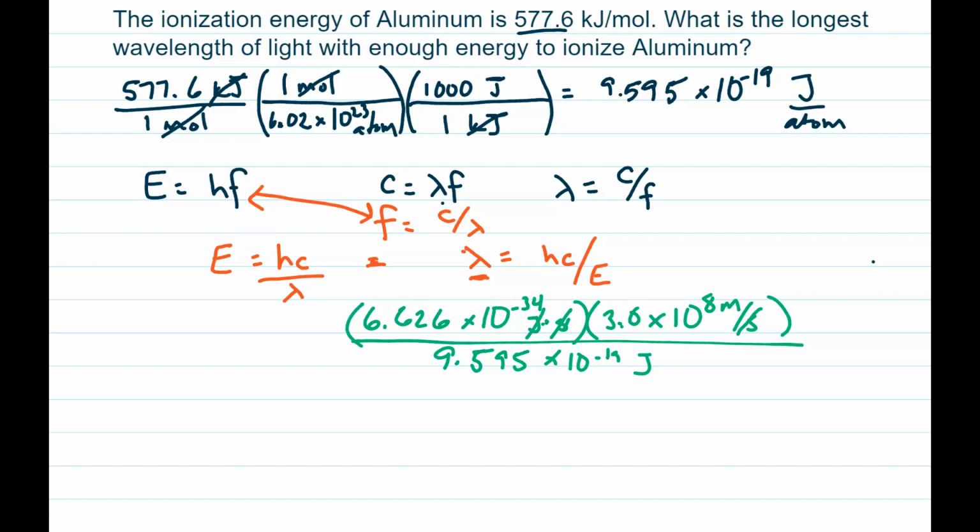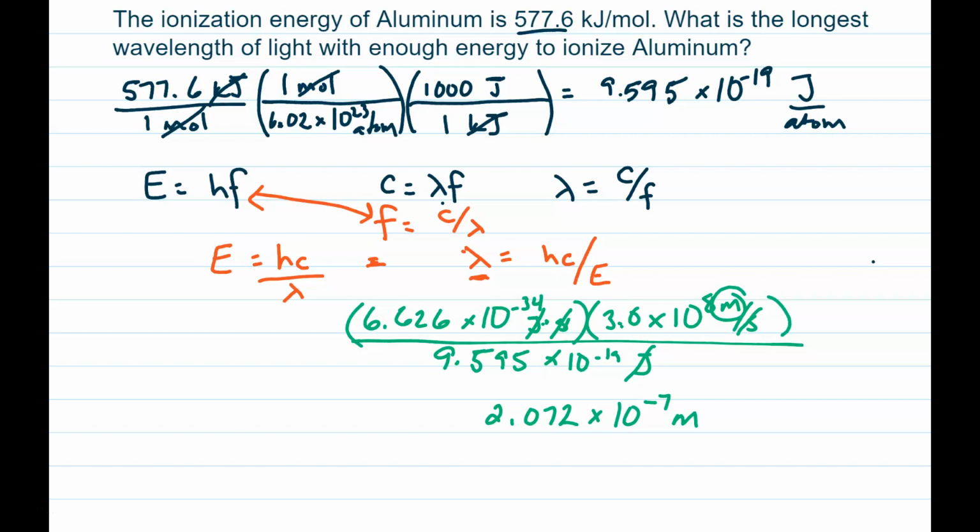Now I have a joule on the top to cancel the joule on the bottom. And notice the only unit left here is in meters, which is great. That's what I would like. And so if I do this math, I end up with 2.072 times 10 to the minus 7th meters.